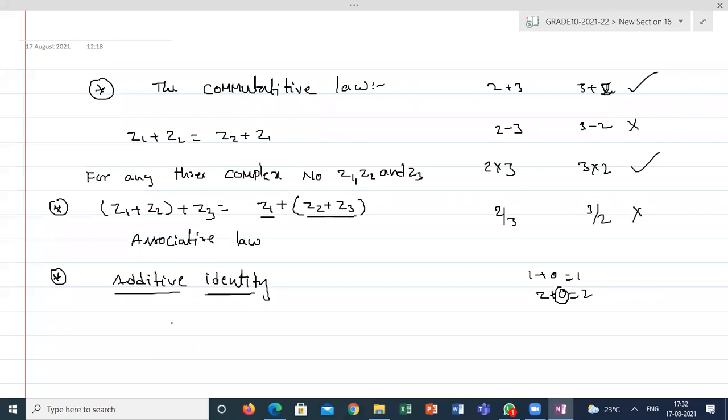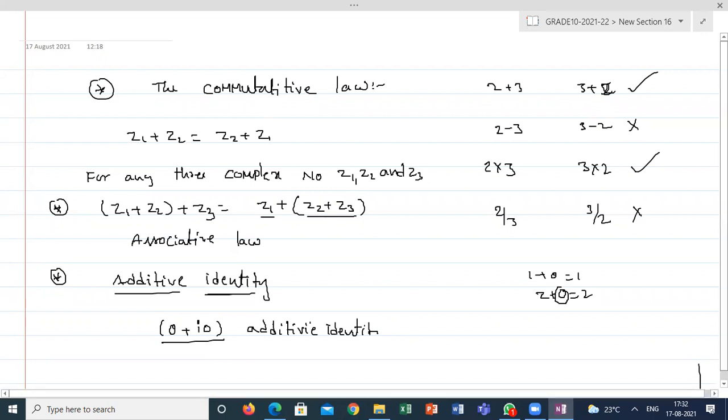So there is an existence of additive identity. 0 plus i0 is a complex number which is called the additive identity. If I am adding this complex number to any complex number, the value of that complex number will not change.